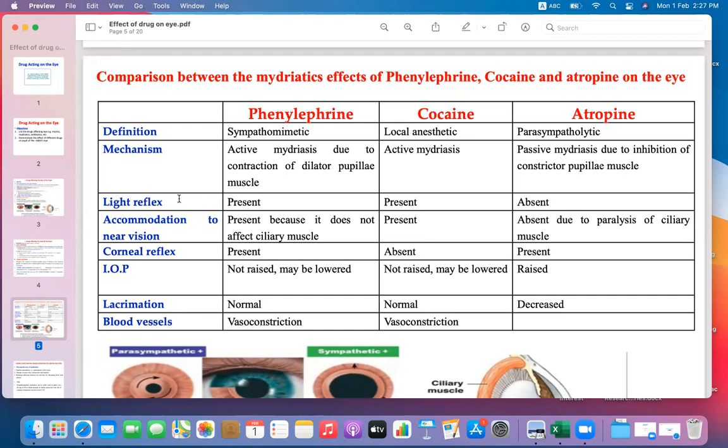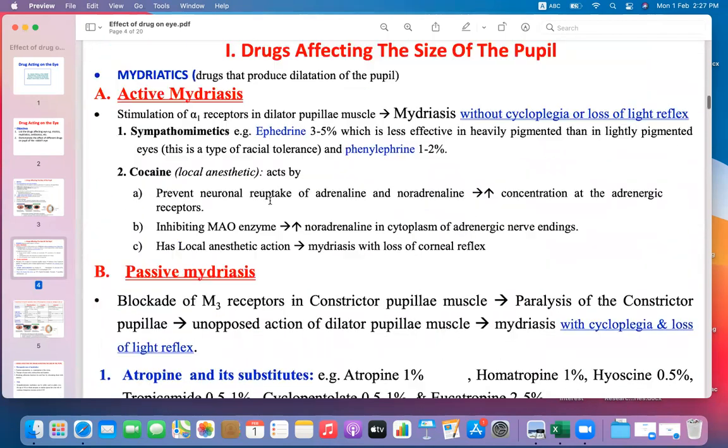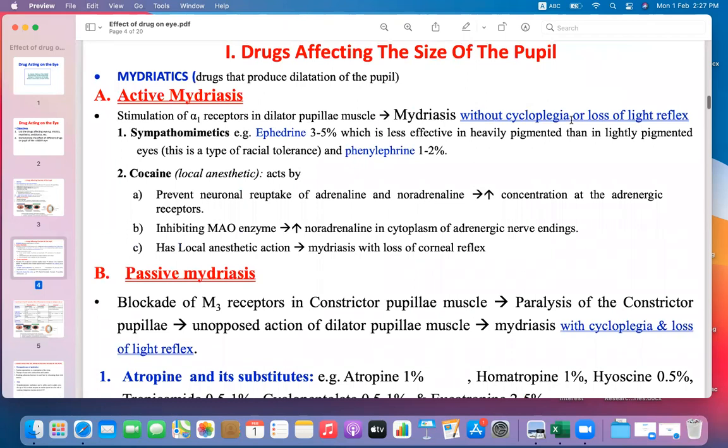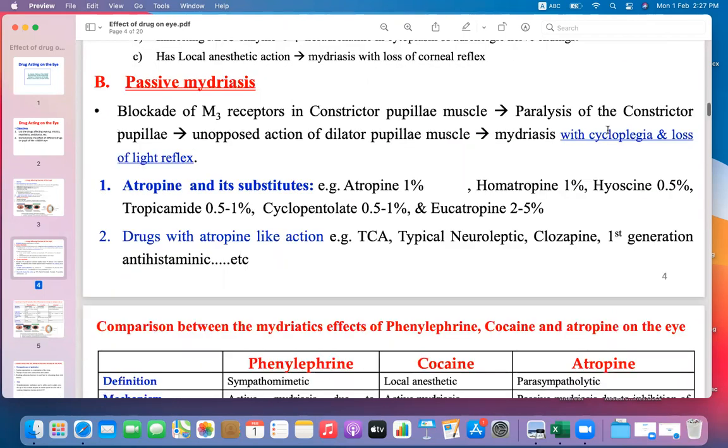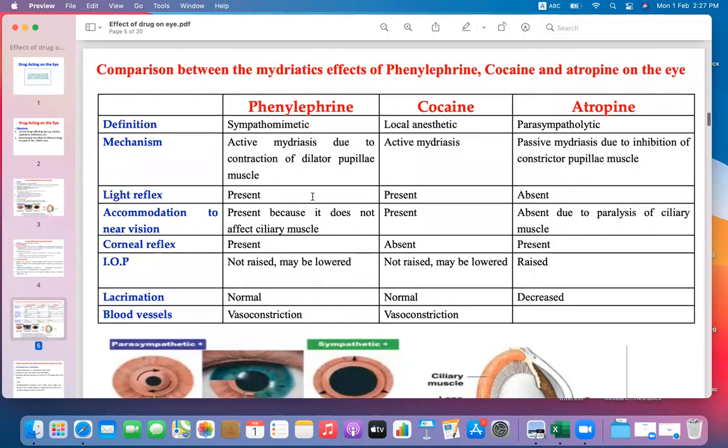Next parameter: light reflex is present in active mydriasis. Because in active mydriasis there is no loss of light reflex, it is present in phenylephrine and in cocaine, but it is absent in atropine.